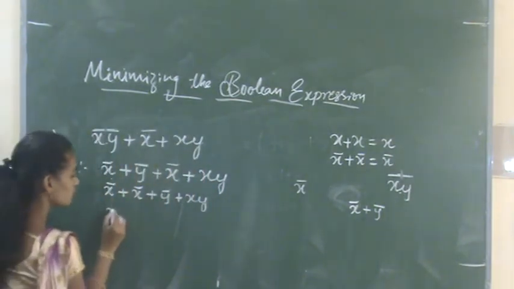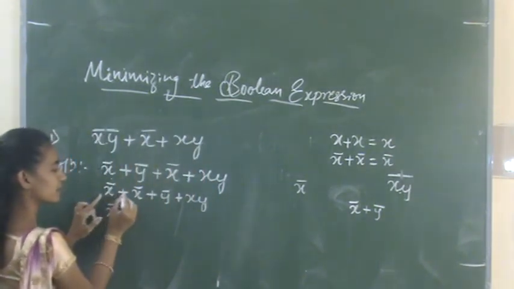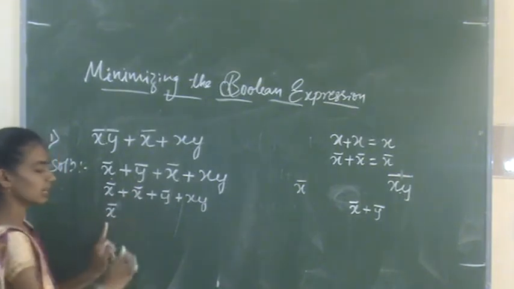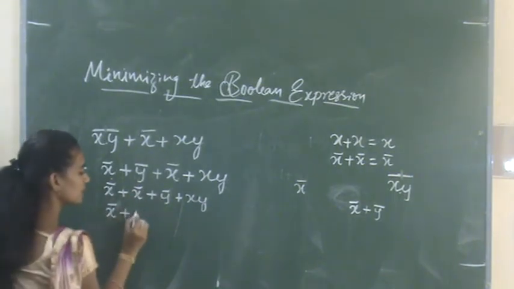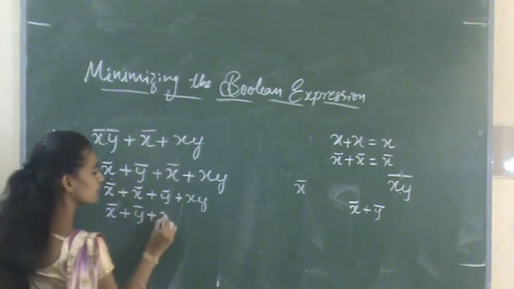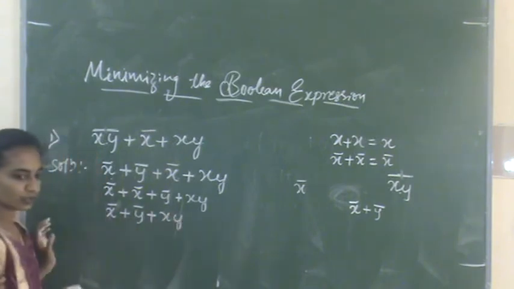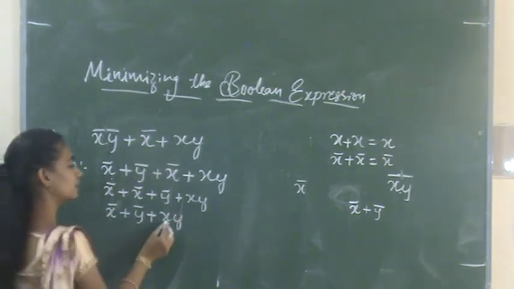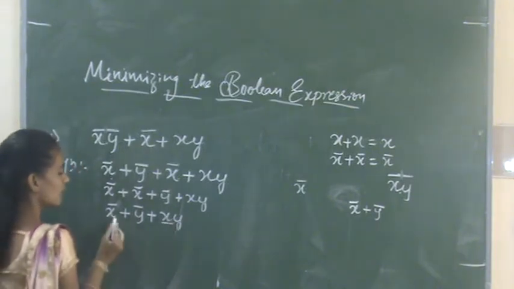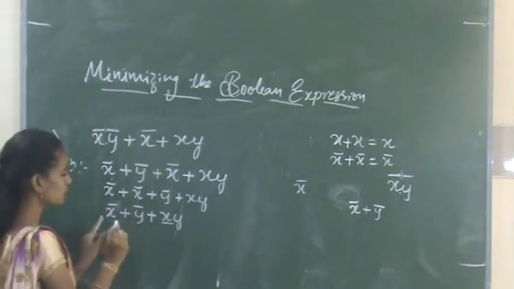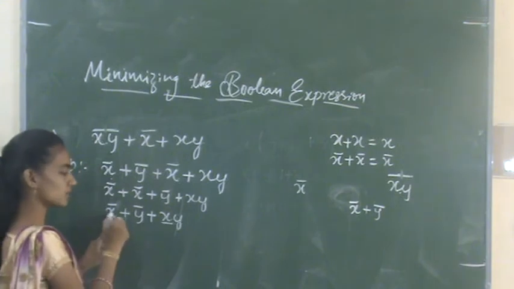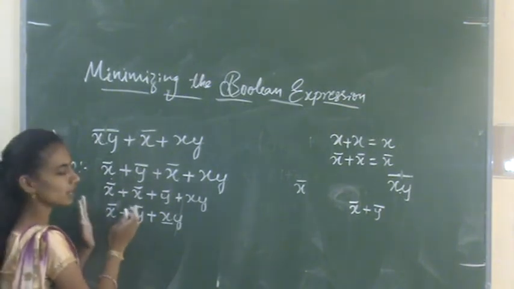Okay. So now instead of this x bar plus x bar, I am writing x bar plus y bar plus xy. Okay. So now I am multiplying this xy to x bar. You can multiply this to x bar or y bar, but not both.